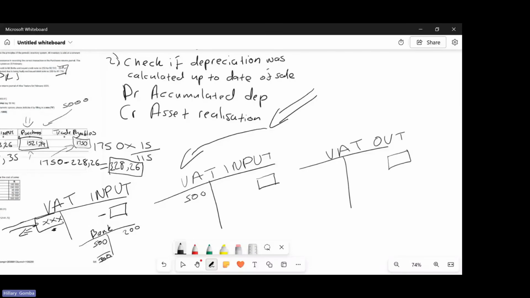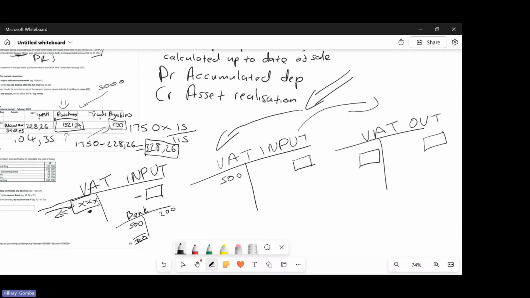Do you understand? Yes. It only gets to be the opposite account when we have a settlement discount either received or granted. That gets to change, because if we did not return anything but we actually received a discount, we had to record that discount in our VAT output, because now we are the ones responsible to pay that VAT.